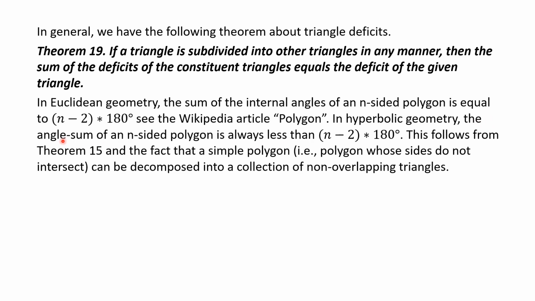The angle sum of an n-sided polygon is always less than n minus 2 times 180 degrees. This follows from theorem 15, which we stated earlier, and the fact that simple polygons, whose sides do not intersect, can be decomposed into a collection of non-overlapping triangles. So I'm going to state that on the next slide in terms of a theorem.